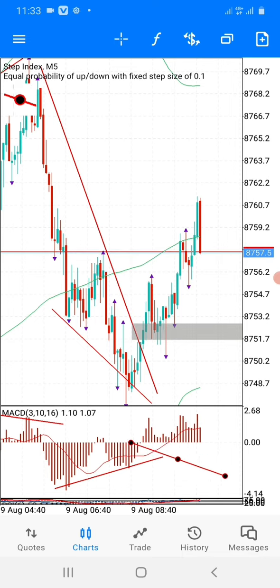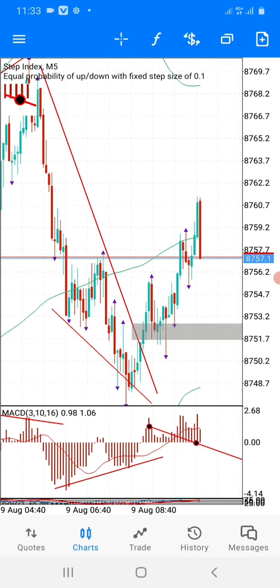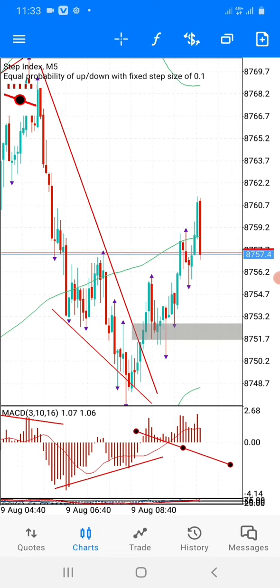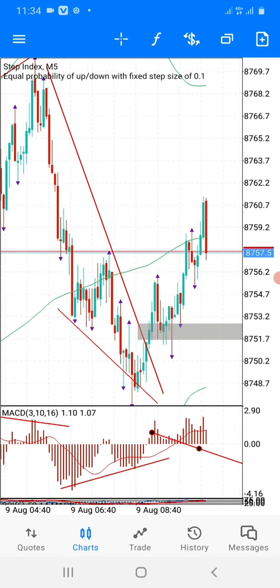Once it begins to form above the zero level, you now make your entry from that point. You put the stop loss at the previous low, and then you allow the market to do its own thing.